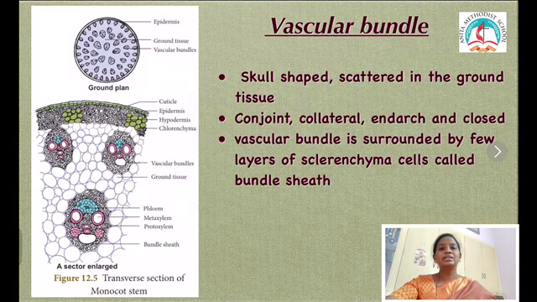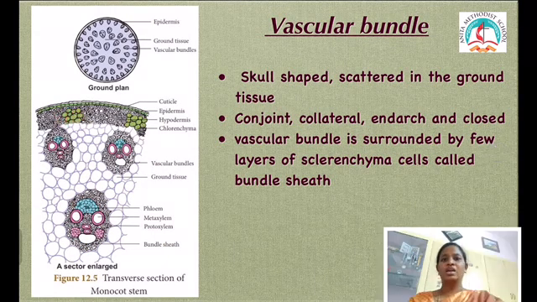Each vascular bundle is surrounded by a few layers of sclerenchyma cells, which are called bundle sheath. The blackish layer of cells are sclerenchyma cells, which form the bundle sheath.